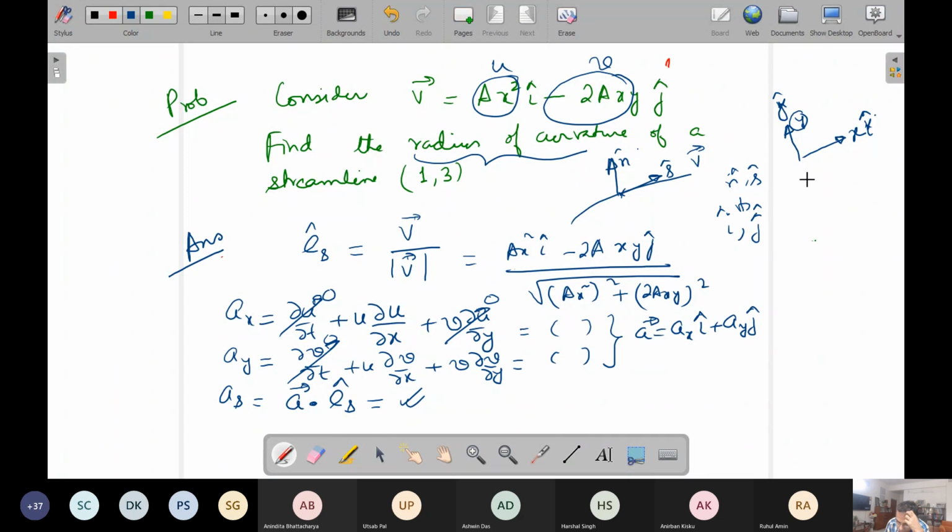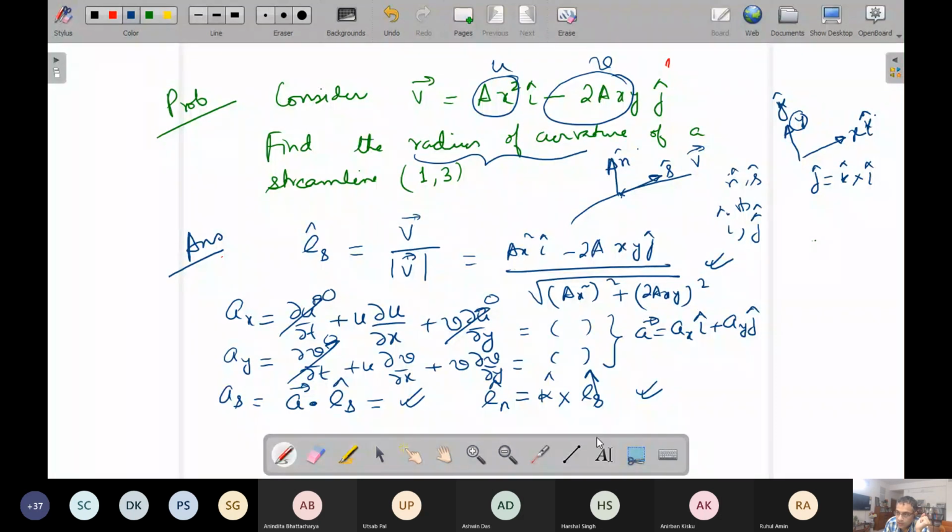So we know that J is equal to K cross I. Here instead of J it will be e_n. K will be K, because that is perpendicular to the plane, cross e_s. So you already have e_s, make a cross product of that with K and you will get e_n.